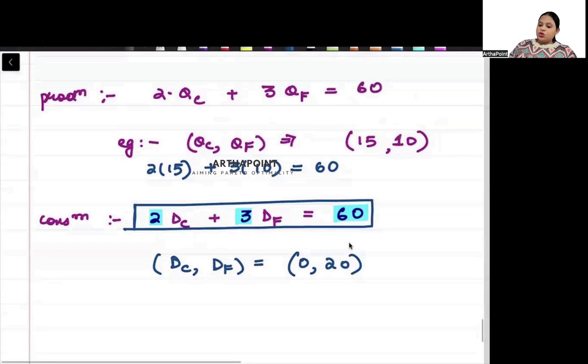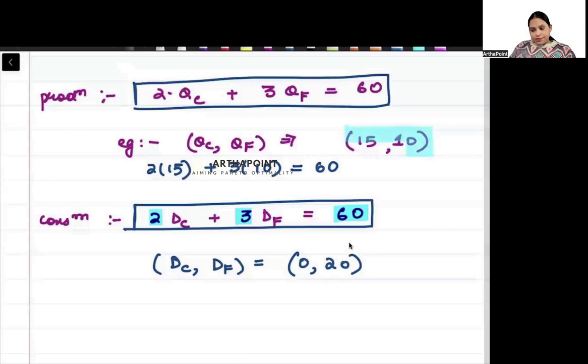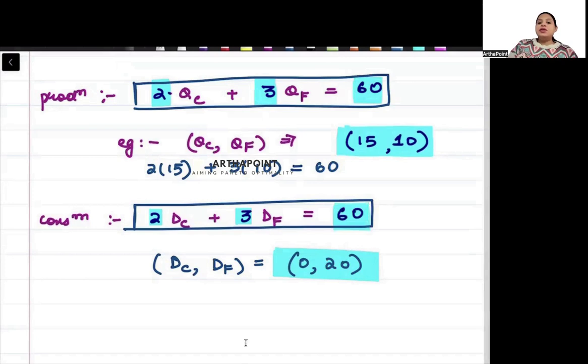Are you understanding it? But the production bundle is different from the consumption bundle. Both will have the same slope because they are facing the same prices. Both will carry the same value, but production and consumption will be different.